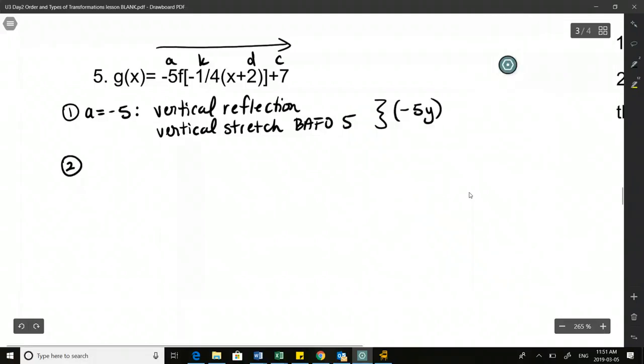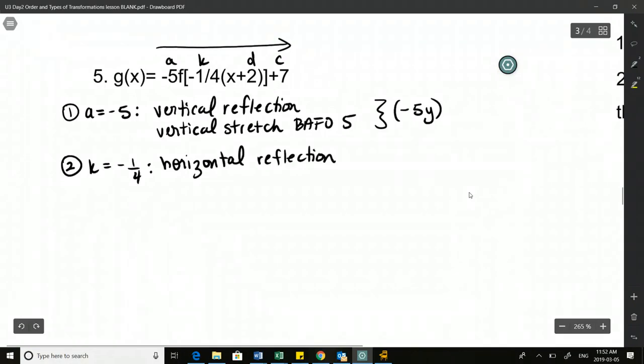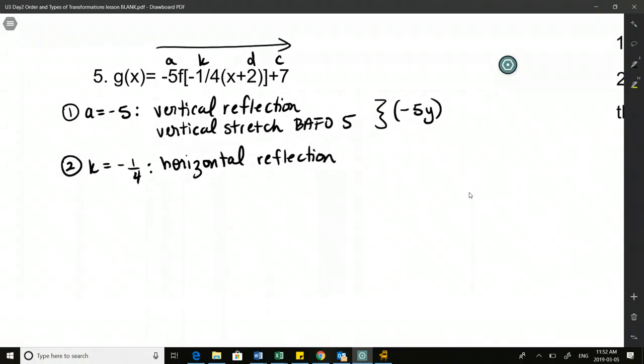Second one, the k value is -1/4. This is, again, two transformations. The first one is a horizontal reflection, or flip. For the second part of this, I want you to think reciprocal. So what's the reciprocal of 1/4? 4.